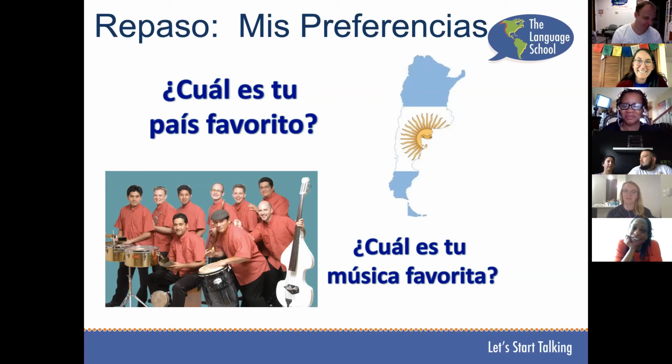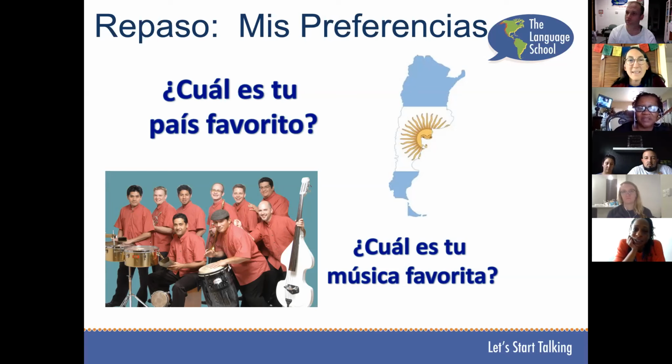All right, let's see here. Emily to Kia. Kia, ¿cuál es tu país favorito? You might need to ask me, ¿qué significa país? Country. So what's your favorite country? Mi país favorito es Estados Unidos.